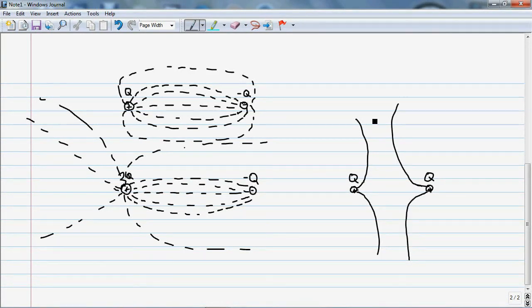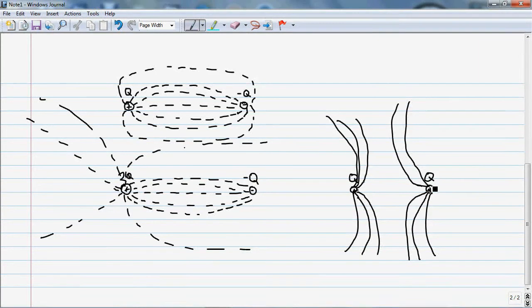And the notes have a better picture of this, but just try to draw it out here. So you're going to have this void in the center because the field lines are not going to want to come together. This point will be zero, zero electric field in the center.